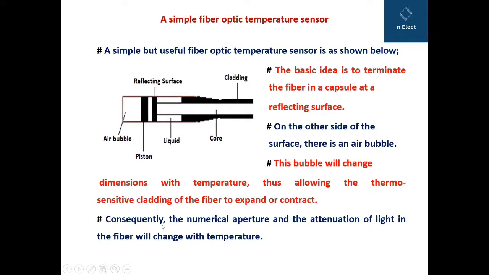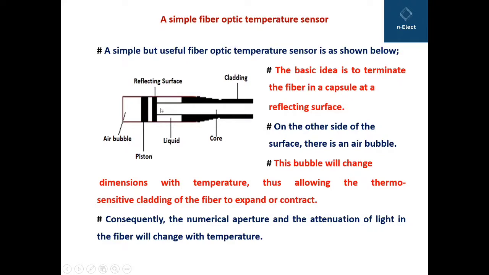Consequently, what happens because of this? Because of this, the numerical aperture, meaning the outlet from here, and the attenuation of light which is being reflected from this reflecting surface will change. So attenuation of light in the fiber will change according to the temperature.